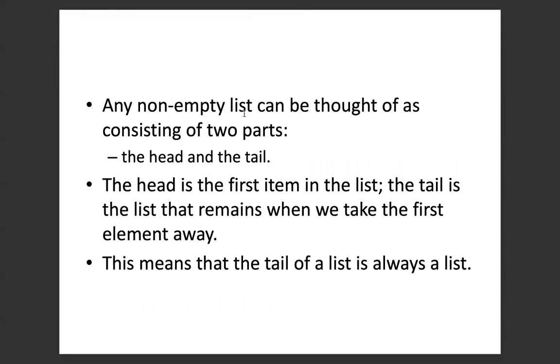All non-empty lists are thought to be of two parts: there's the head and then there's the tail. The first element, starting from the left, is always the head, and everything else, no matter how many elements there are, everything else on the right side composes the tail.